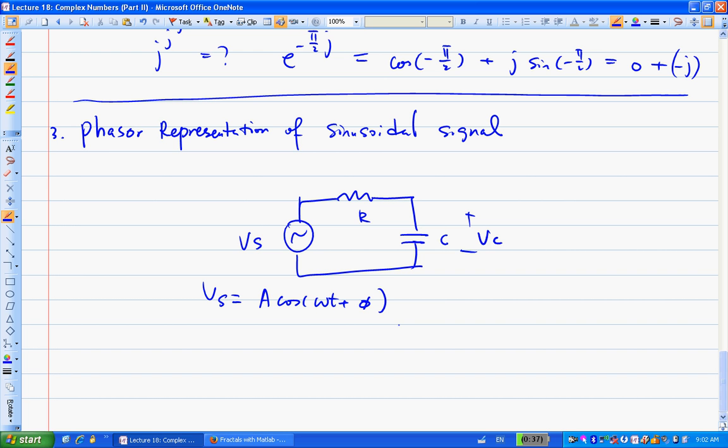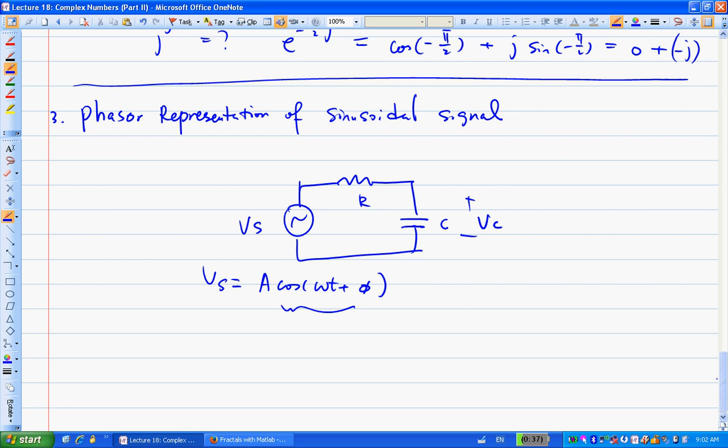So in this case, this is an application of the so-called phasor representation of a sinusoidal signal. We don't want to calculate with this as it is originally. We're going to transform it into this so-called phasor representation. So let's see what that means.